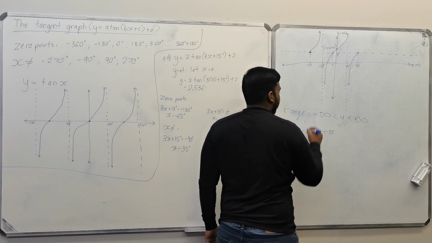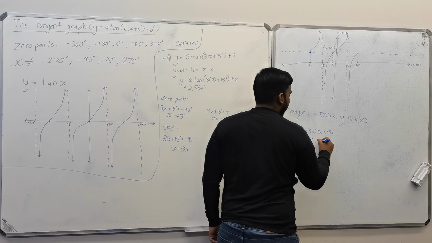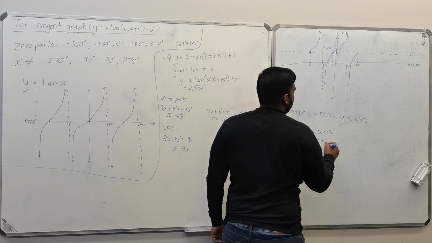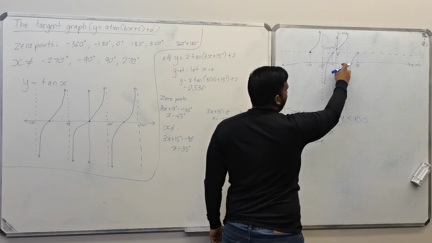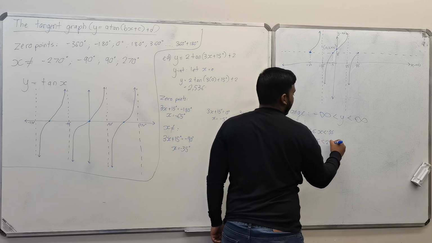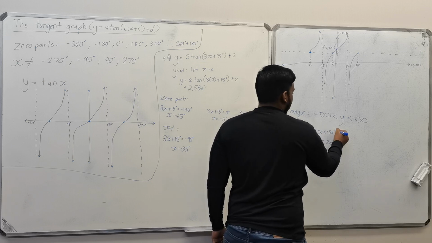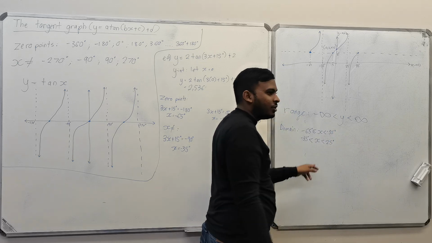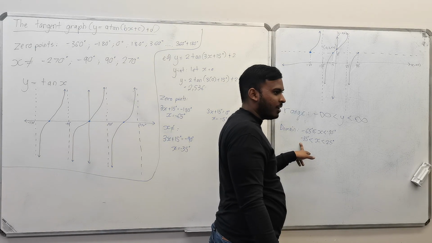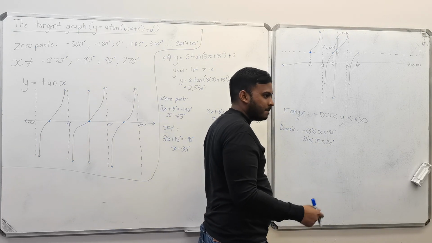And then it will be negative 35 less than x, and here it will be less than 25. It won't be less than or equal, because it's not equal to 25, it's less than 25. Here it's not equal to negative 35, so this would be greater than, right? Because from this, minus 65 is equal.